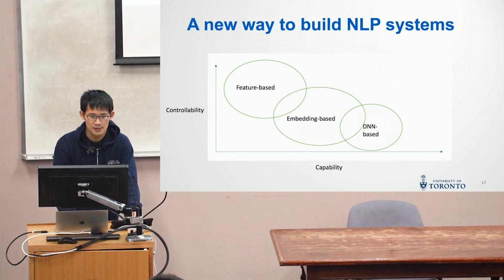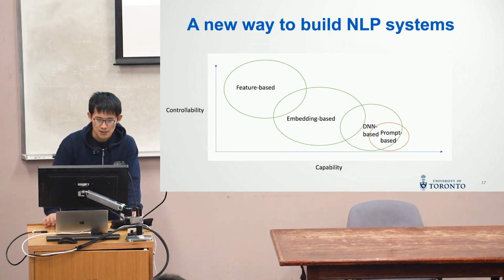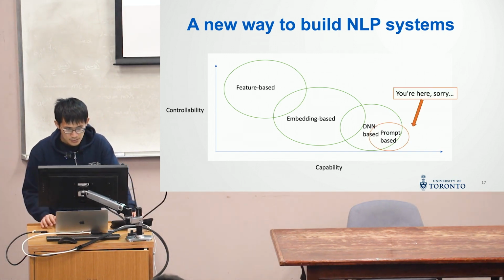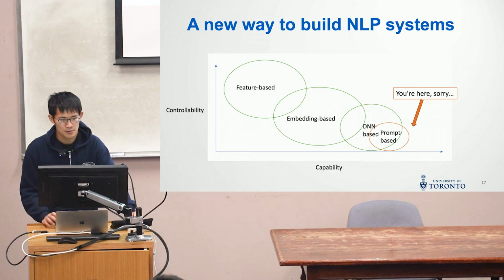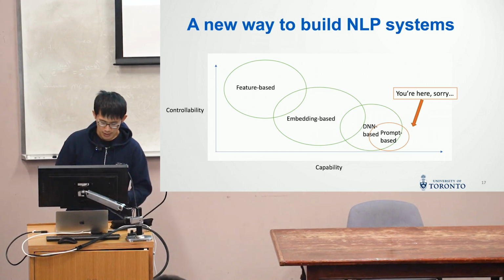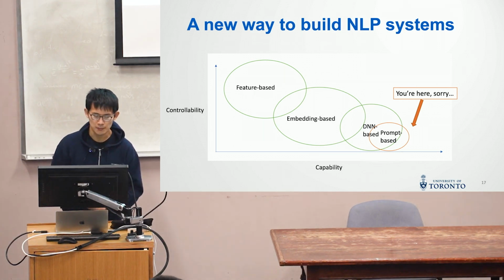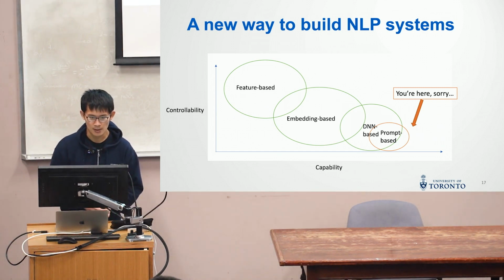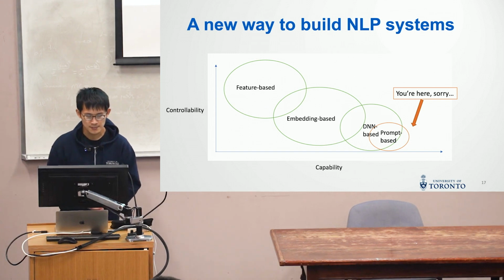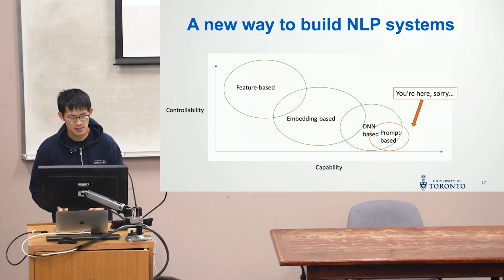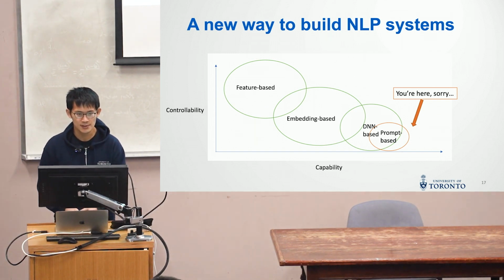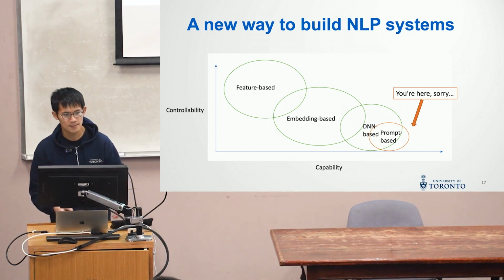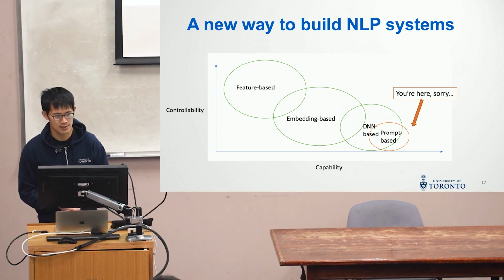So where are the prompt-based learning models? They are here. The prompt-based learning models could have even larger capability, and some of it is actually borrowed from the large language models and the huge corpora the large language models are pre-trained on. But at the same time, the controllability of prompt-based systems is even lower than the deep neural network-based models.